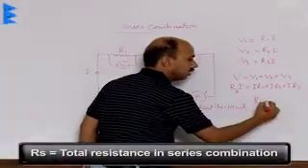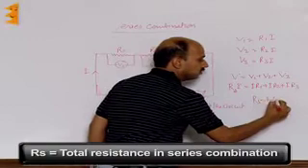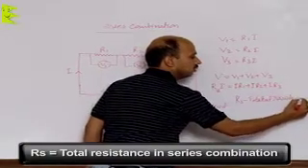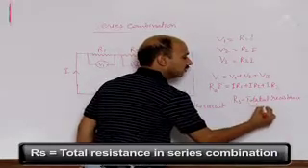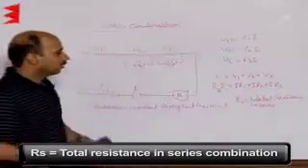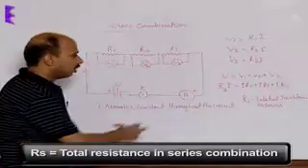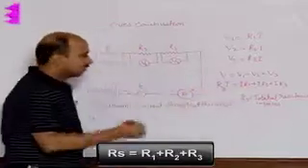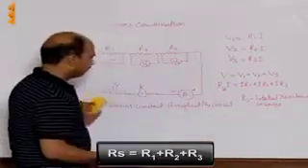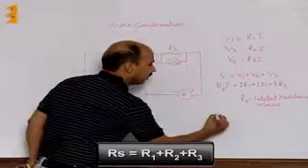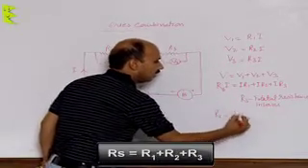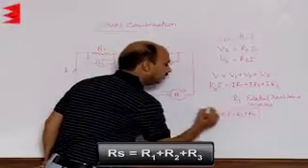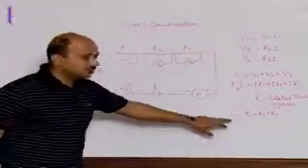Rs is total resistance in series. So, here we can solve it further. We take I common and from here I will get cancelled and we will be getting here Rs is equal to R1 plus R2 plus R3. So, this is called equivalent resistance in series.